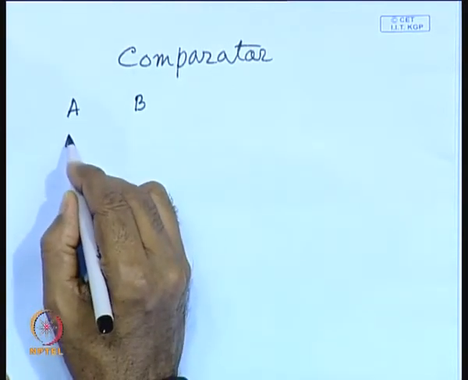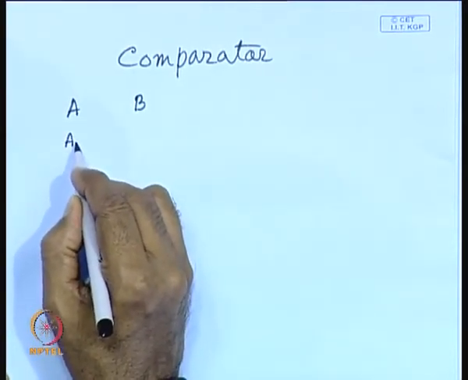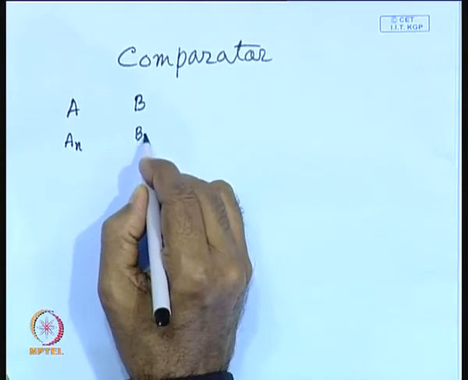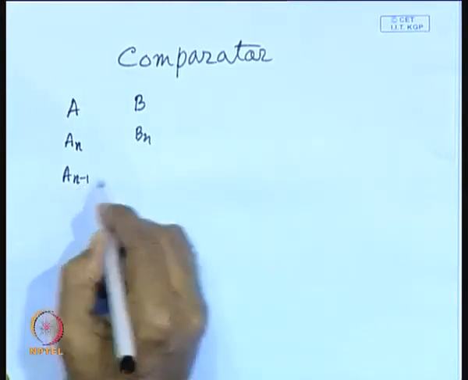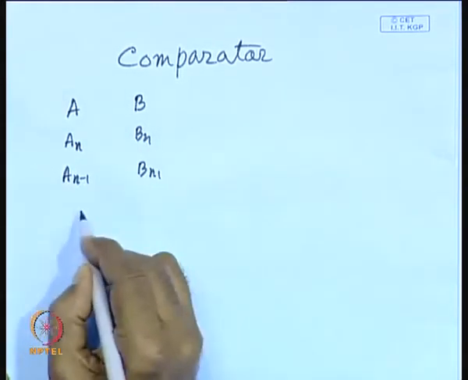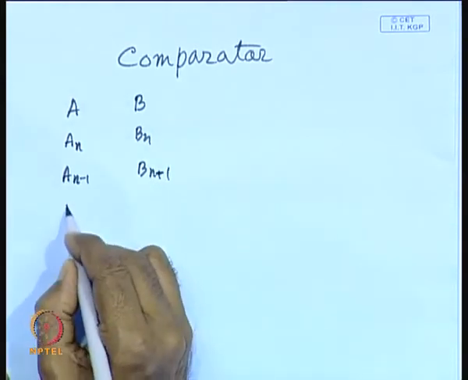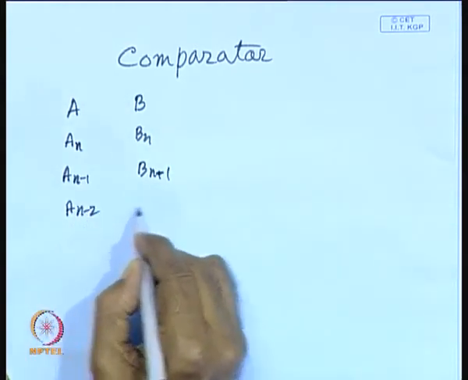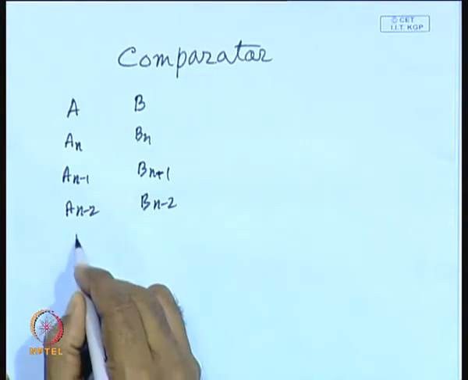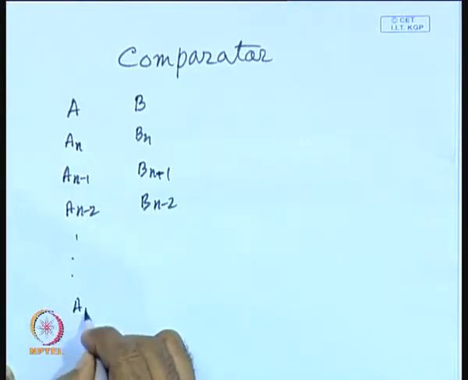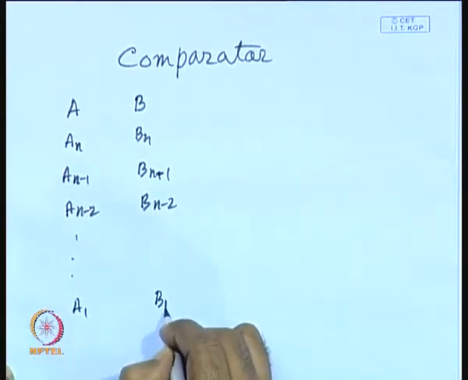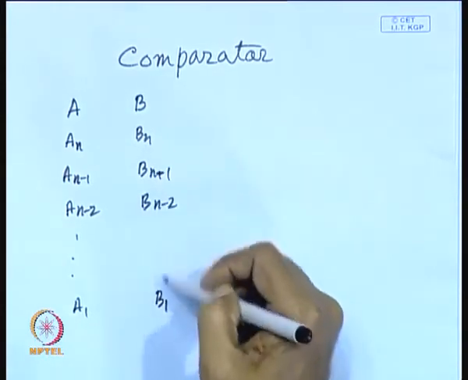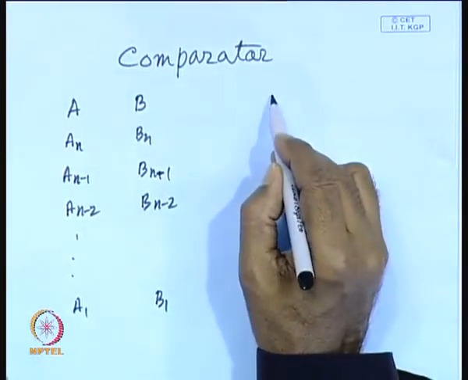Both a and b are of n bits: a n, b n, a n minus 1, b n minus 1, a n minus 2, b n minus 2, and in this way up to a 1 and b 1. So, both a and b are two inputs to a comparator.